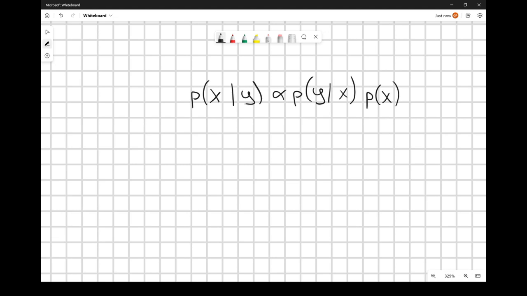And then specifically, we usually consider the situation where this is intractable. In other words, we don't have a closed form expression for the posterior distribution. When that's the case, what we do is we try to generate samples from this posterior distribution instead.